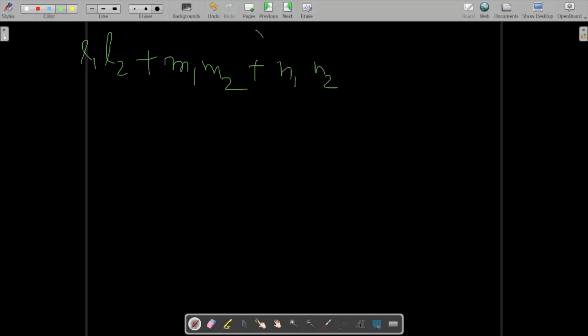This is equal to 0. Then you have L1 L3 plus M1 M3 plus N1 N3 is equal to 0.